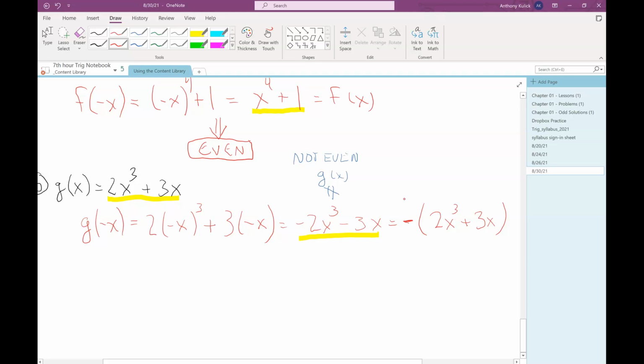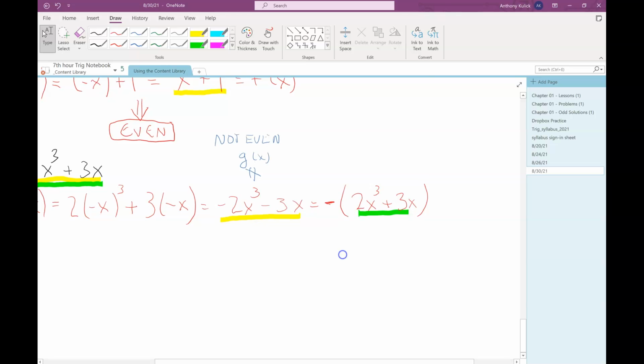Is everybody okay there? So if I look at just the part in parentheses, let's use a different color, and compare it to the original, are those the same? Yes. So what that's saying is if I take the negative sign that wasn't in the parentheses and replace the stuff in the parentheses with g of x, that's still the same thing, right?